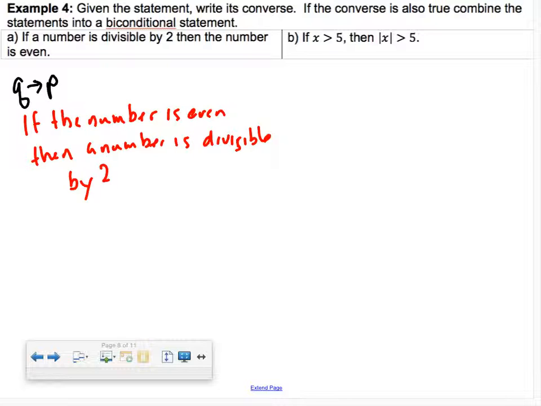So, the shorthand for a biconditional statement looks like this. It's an arrow going both ways.